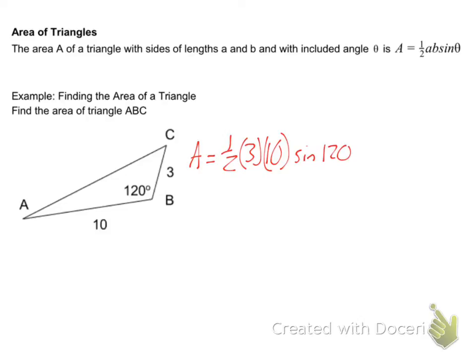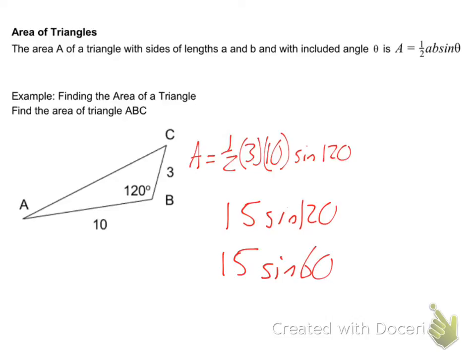Make sure that you're in degrees on this one. If it's in radians, make sure you're in radian mode. But you shouldn't need it. What's half of 3 times 10? So it's 15 sine of 120. I don't like 120, so that's sine of 60 because it's a reference angle. 120 is in the second quadrant.